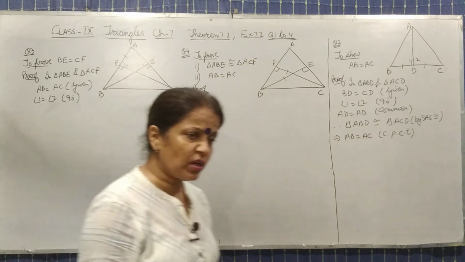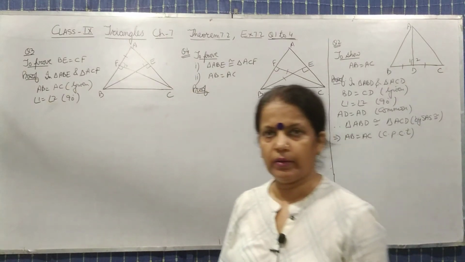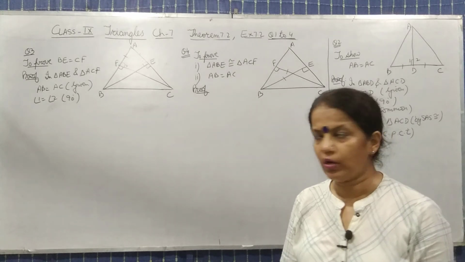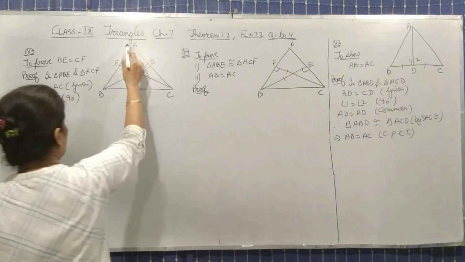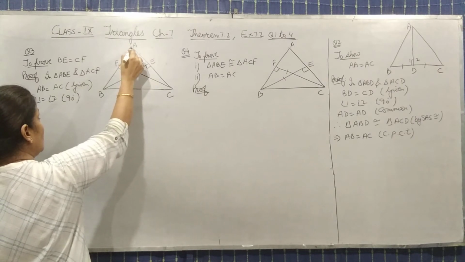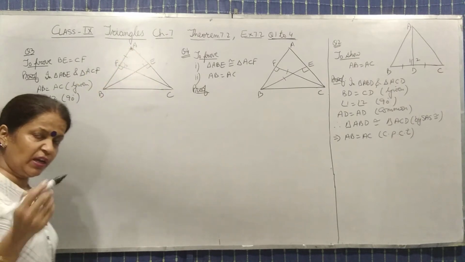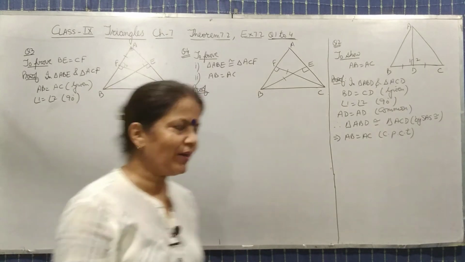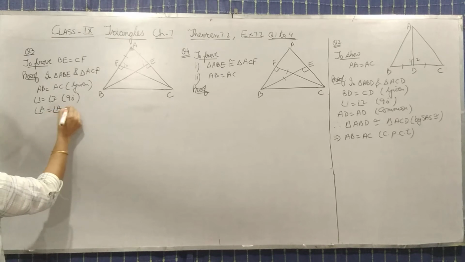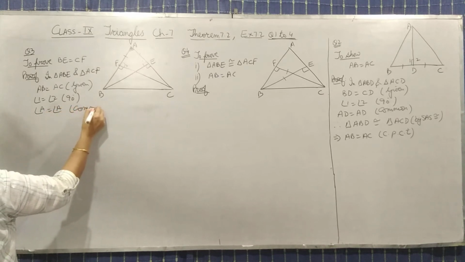What should be the third thing which we will take it here? या तो साइड हो सकती है या कोई एंगल इक्वल हो सकता है. So if you will see in triangle ABE, this angle is coming in both. So it means that angle A is common. Angle A equal angle A, this is common.